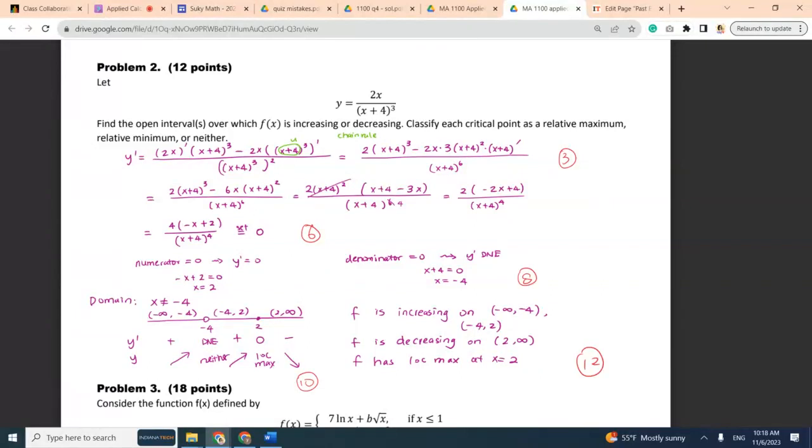How about the derivative of e to the kx? k times e to the kx. The derivative of natural log of x? 1 over x. And what is the product rule? u prime v plus u v prime. Quotient rule? u prime v minus u v prime over v squared.